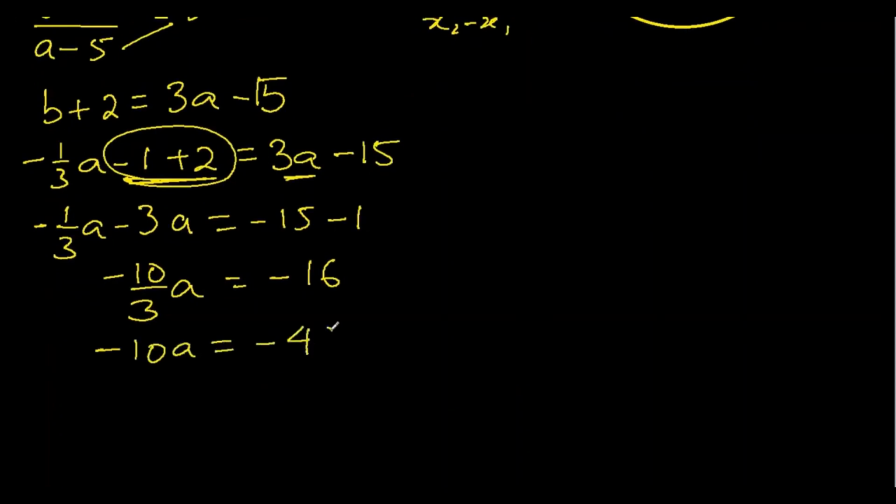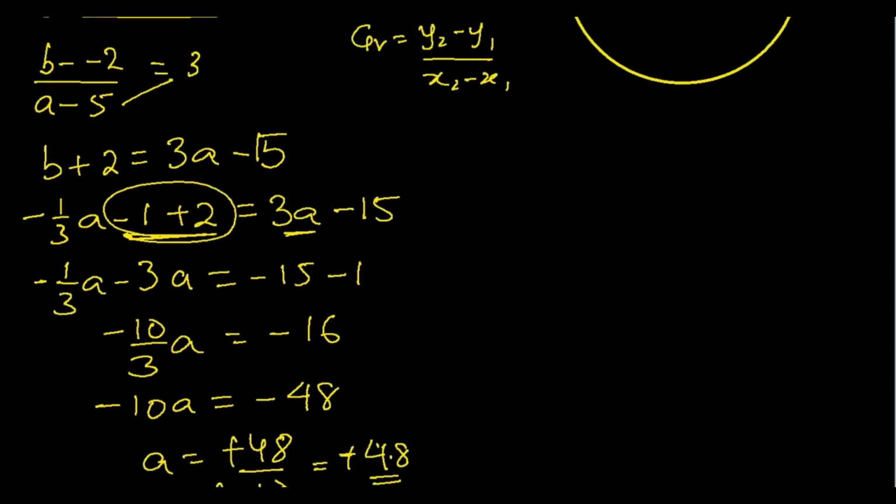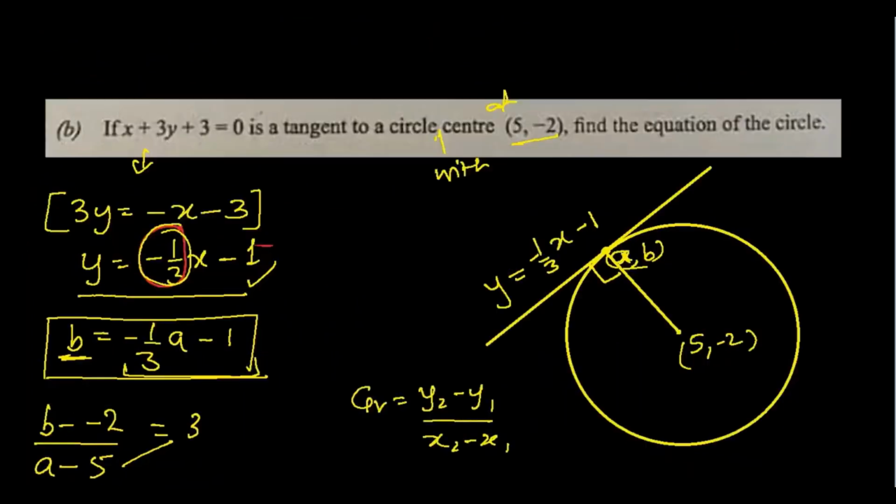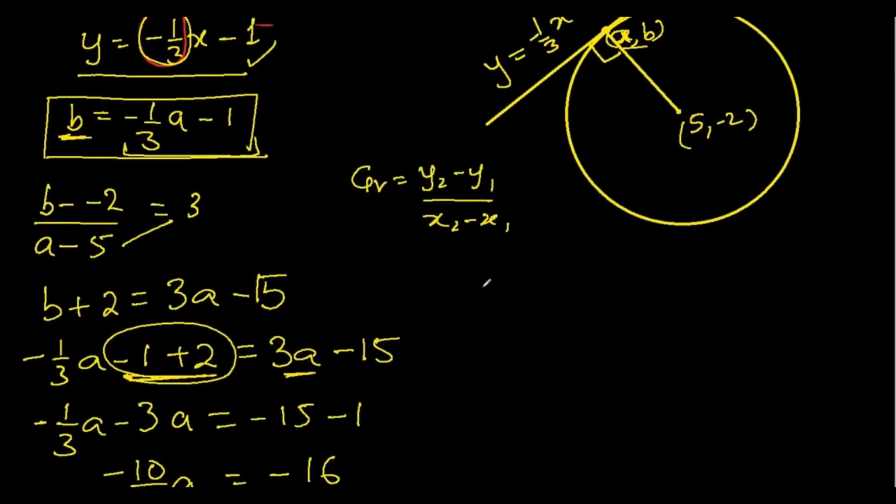Alright, so what do we get here? -10a equal to -48. So a comes out to be -48 over -10, which is positive 4.8. That is the a coordinate of the point on the circle where this tangent is there.